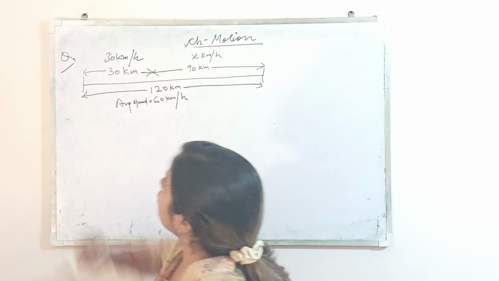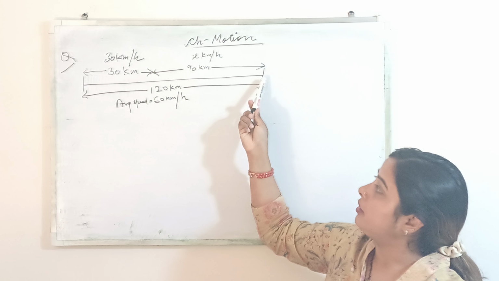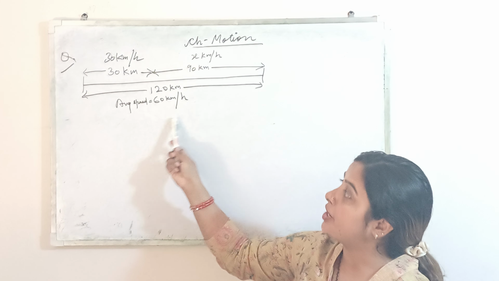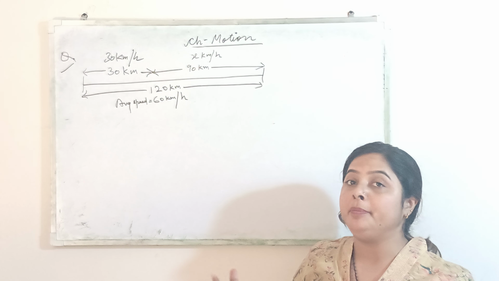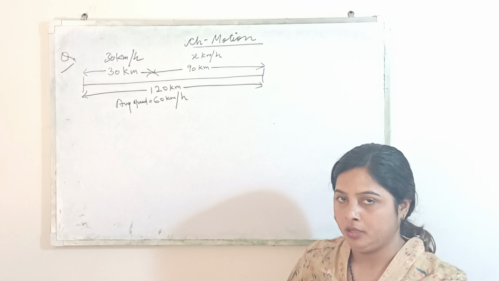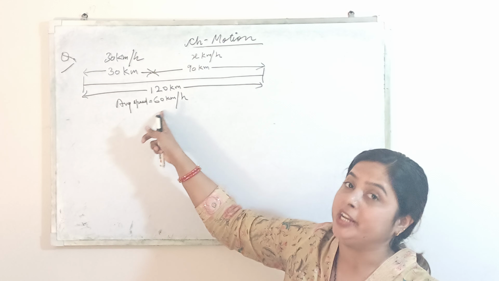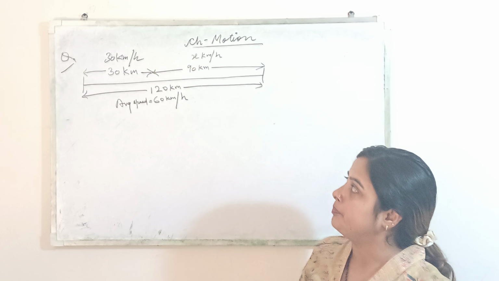It is given in the question that a train travels a railway track of length 120 kilometer with the average speed of 60 kilometer per hour. Average speed means overall speed. It is not a uniform speed, it is the overall speed of the train.